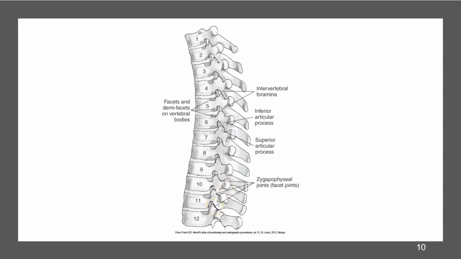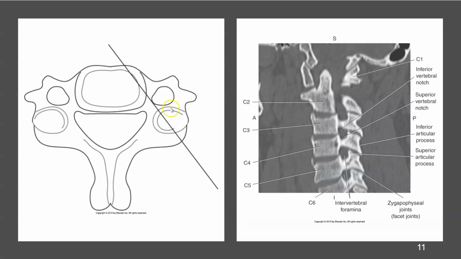If we slice through it at an angle, as you can see here, we'll post-process a lot of CTs this way, and if we're concerned about any calcifications in the foramina, then we'll go ahead and angle an MRI.